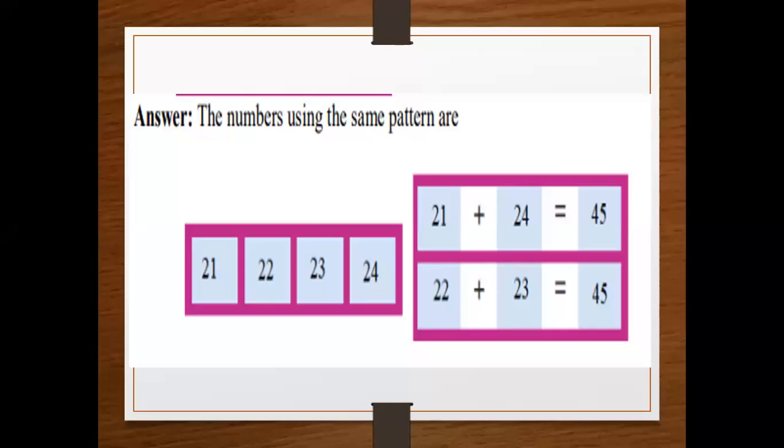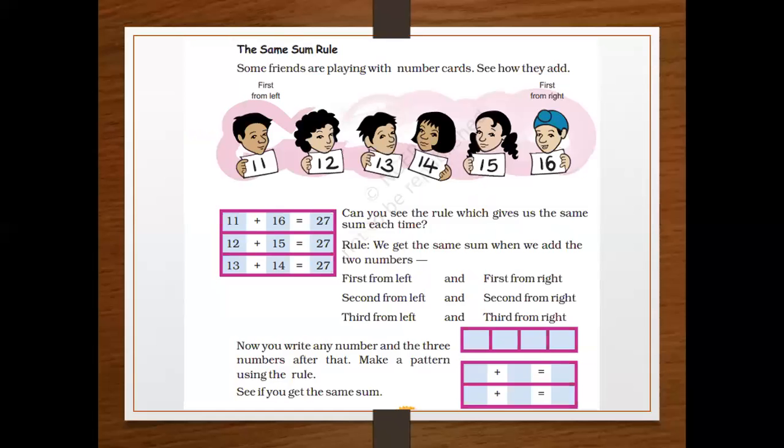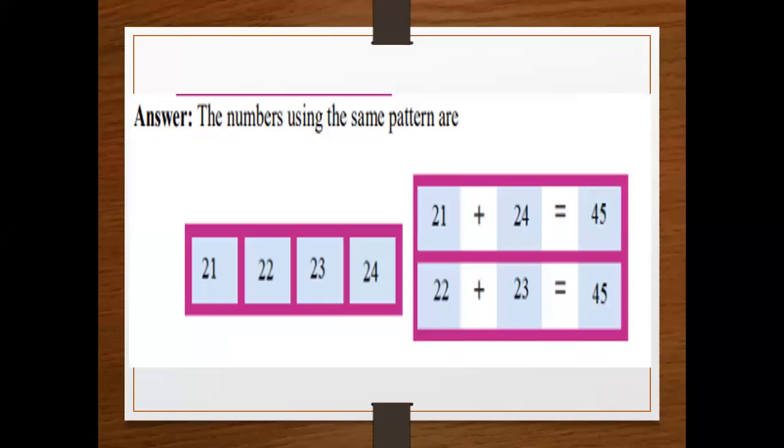Sir, the camera is not clear. This is for 11, 12, 13, 14, 15, 16. Now this is for 21, 22, 23, 24. Identify the same pattern and the result is 45. Sir, can we take any number?